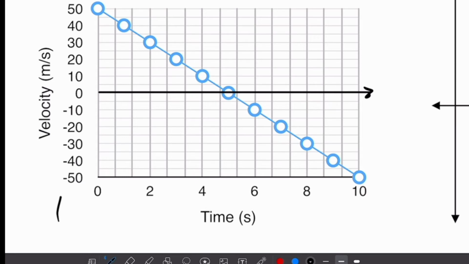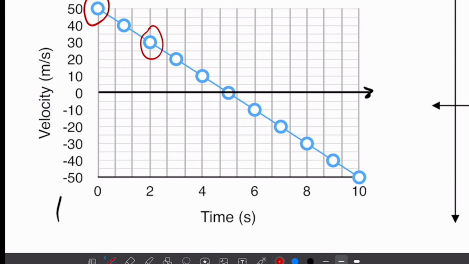When I look at this graph, I notice that the object starts at 50 meters per second. That's pretty fast. It's positive, so it's moving in the positive direction. After 2 seconds, it's going 30 meters per second. That's slower than 50, but it's still positive, so it's still traveling away from the origin, but not quite as fast.